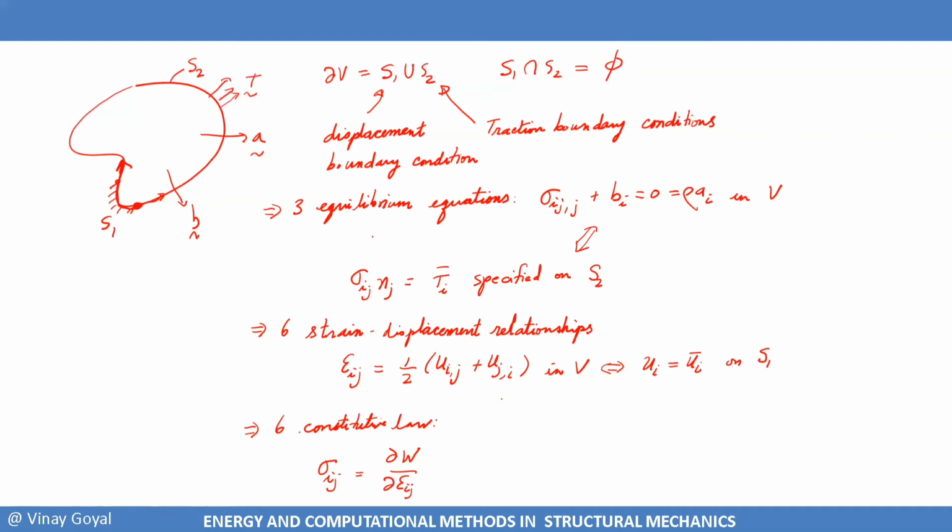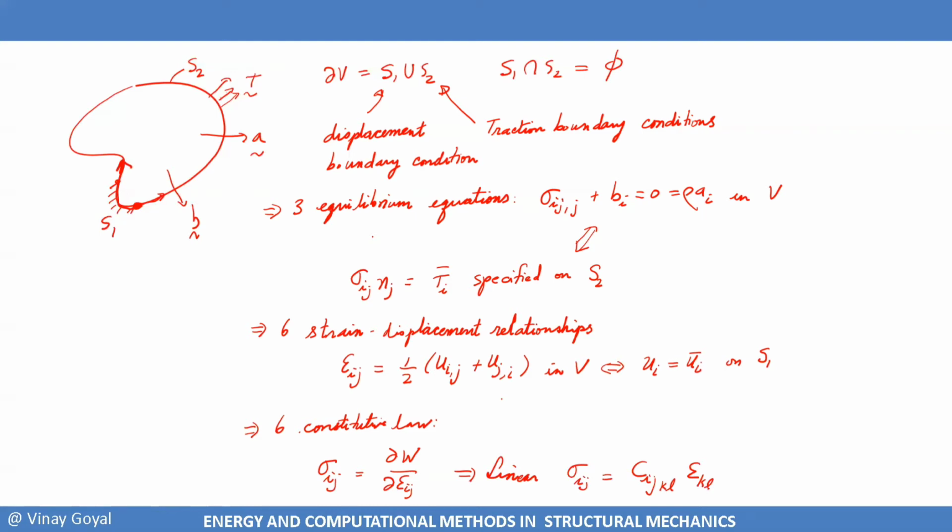It is elastic, so it's reversible behavior, and it can be nonlinear. And we came up with an expression for linear conditions: sigma ij equals Cijkl epsilon kl.